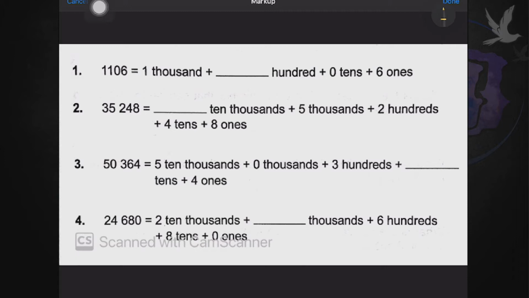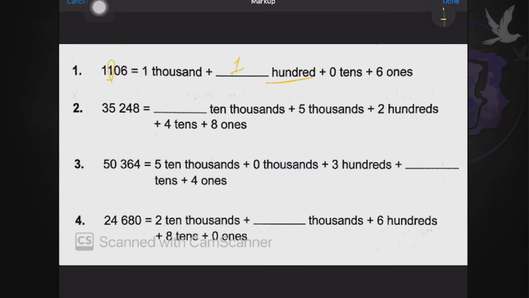Okay, so for this activity, all you have to do is just to identify the value of what is missing. So for example, in our number 1, the missing value belongs to the hundreds place. And if you know how to identify the place value in a number, this number belongs to the hundreds place. So the missing value for the 100 is 1. Doing the same for the next number, the missing value here now belongs to the 10,000s.